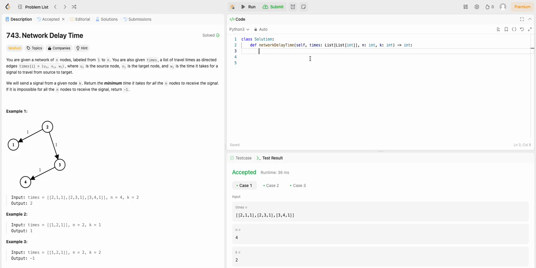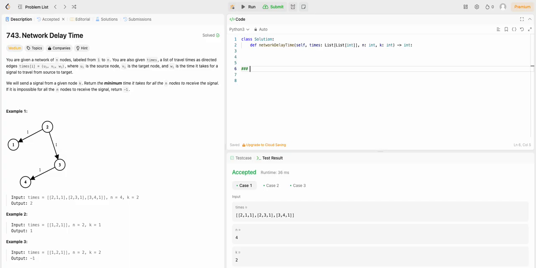Okay. Yeah, so today we are going to solve the same problem again, but with a different approach. So we are going to use Floyd Warshall's algorithm, which is a specific type of algorithm. The main concept is introducing a middleman.